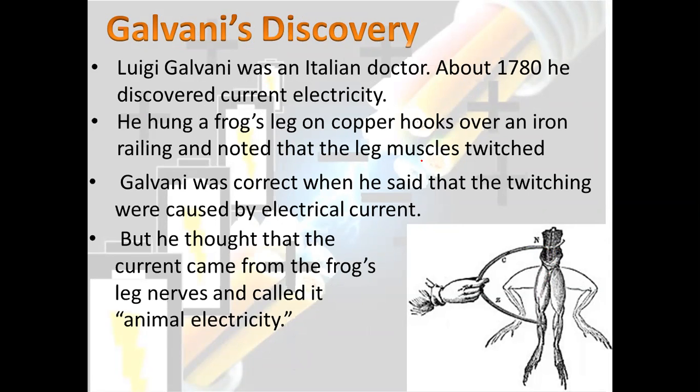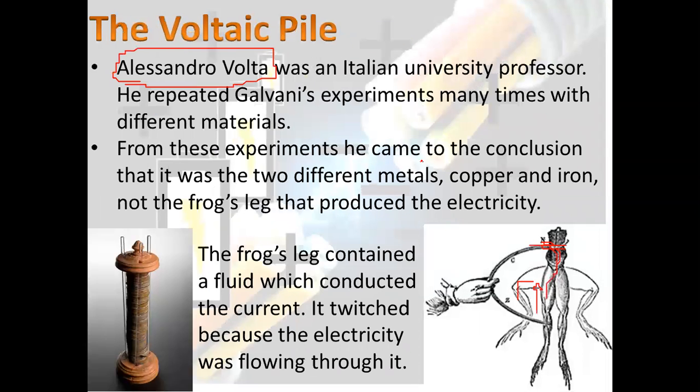With the passage of time, we learned because of Alessandro that it is not animal electricity, it's actually the electricity between the copper and the iron. And these muscles were moving up and down because the electricity was conducted through them. Once the electricity passes through these muscles, the muscles contract and relax.